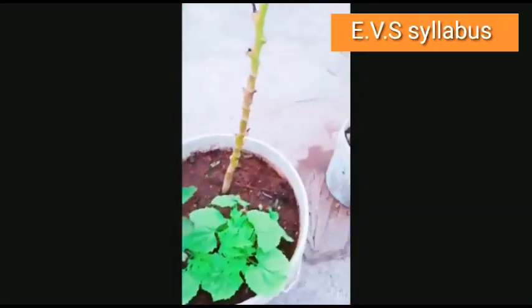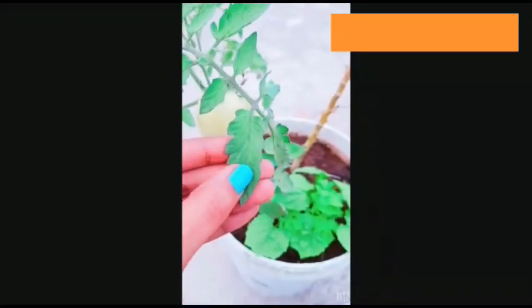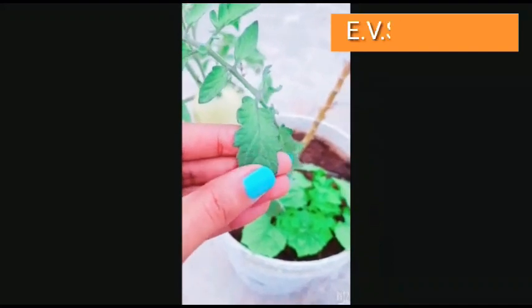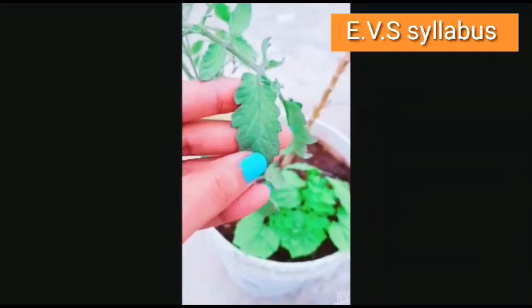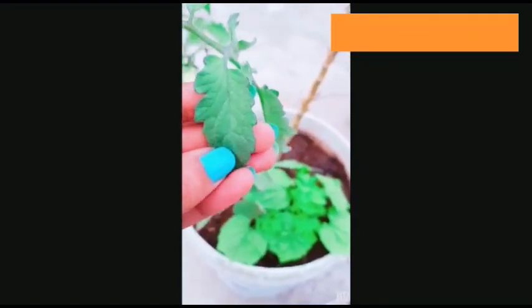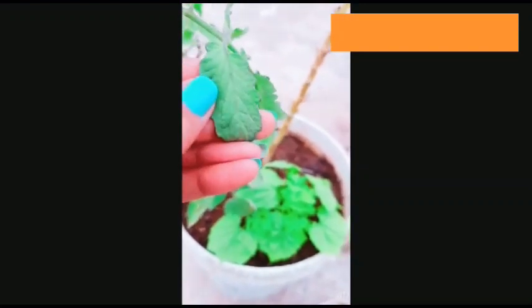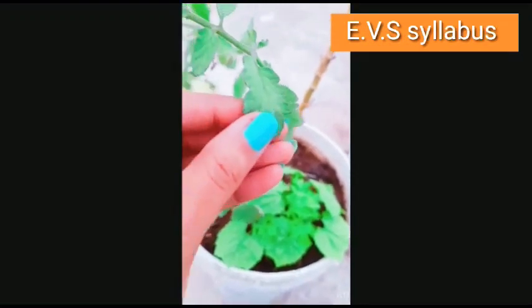So see here, children, how does this leaf produce the food? Can you see this leaf? Okay, this is the leaf. Can you see this green color on the leaf? This is the green pigmentation which we call chlorophyll. What this leaf does is, it collects the water, air and the sunlight.